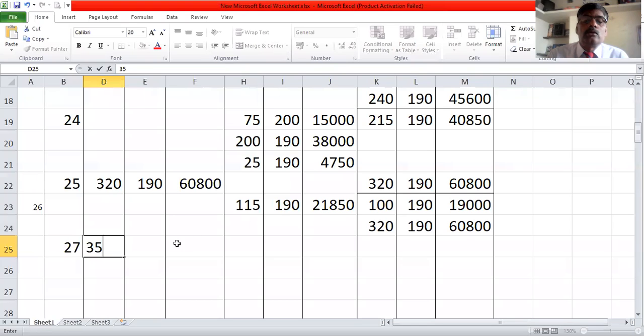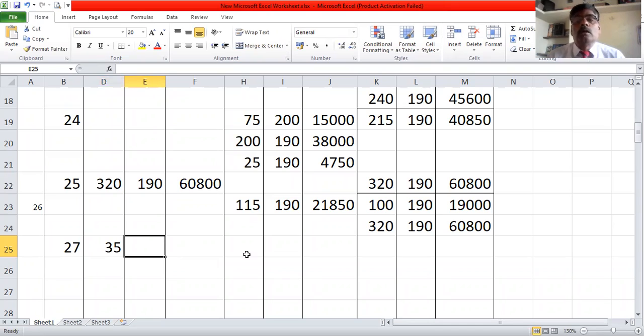If specification is not given, you take the last issue rate for recording the receipt column. If you want to record in the issue column, as per your method, FIFO or LIFO, you take the rate. So 35 tons at the rate of 190.